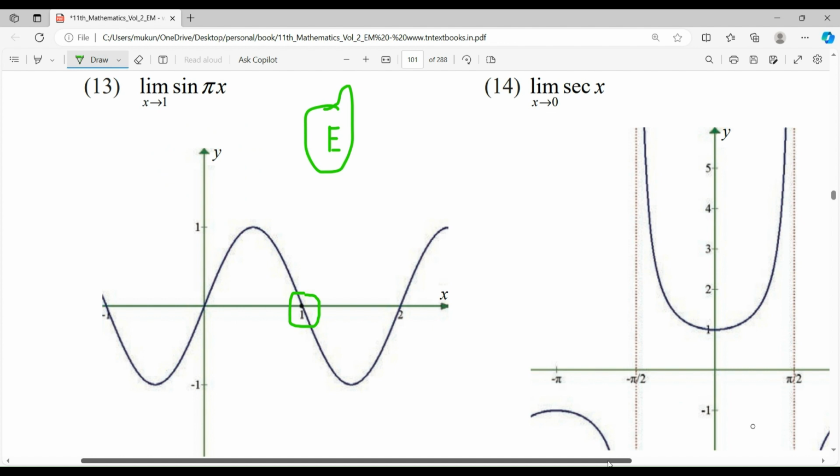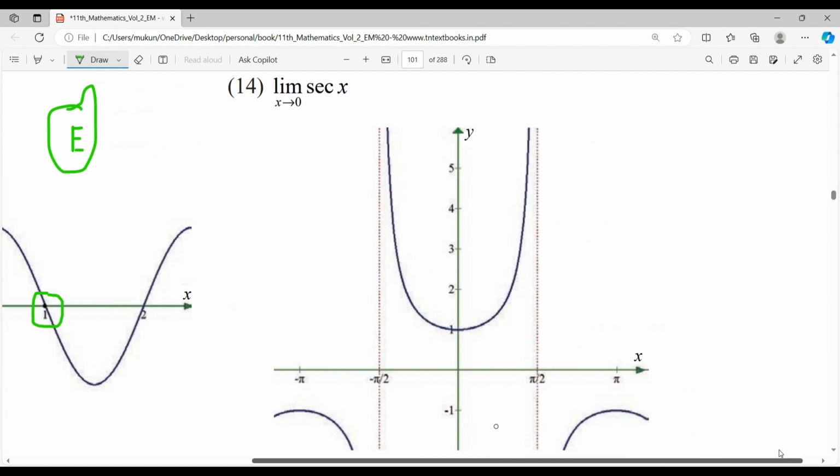Now, about secant of x, which is your next graph, this is a question we have. Secant of x, another interesting question. So what we see is that here again, at x equals 0, which is nothing but this point, right?